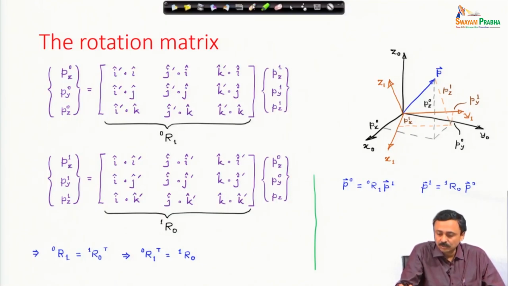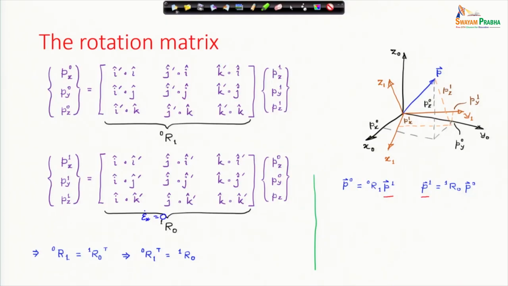Now, these two, for example, this is same as this. So, I can substitute this here, and then I get this expression. This is P in frame 1.